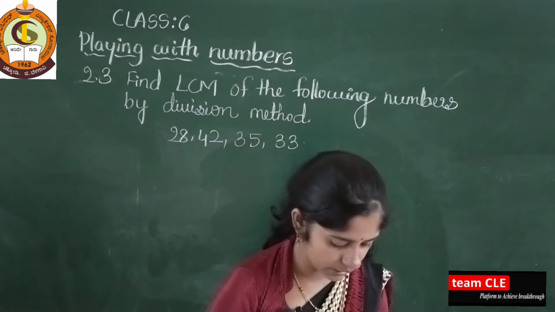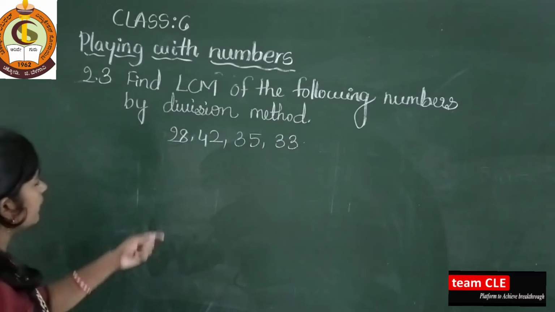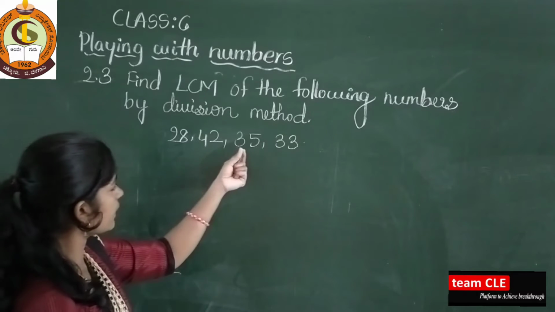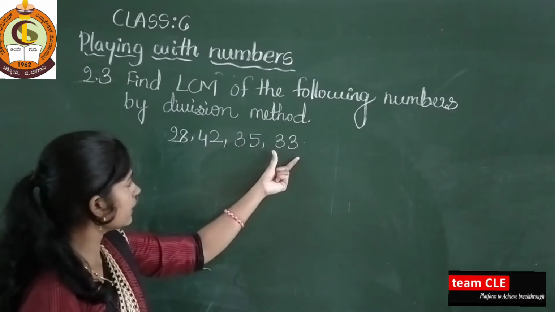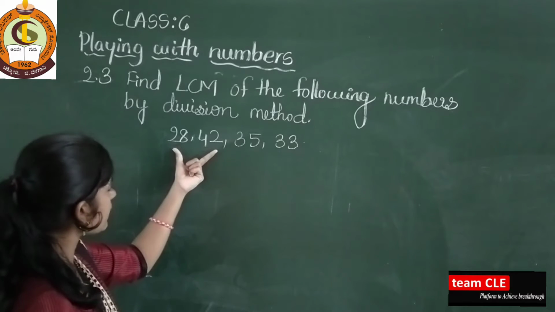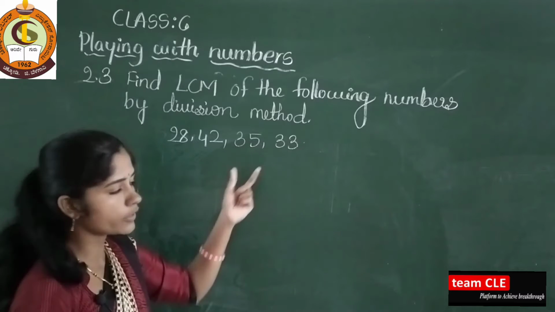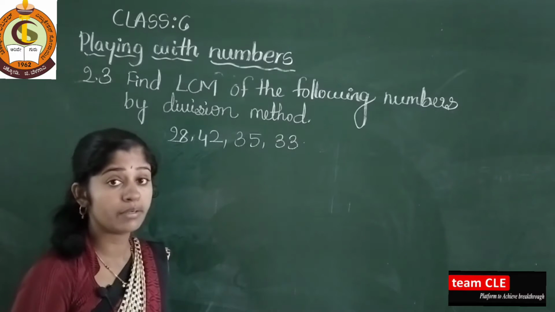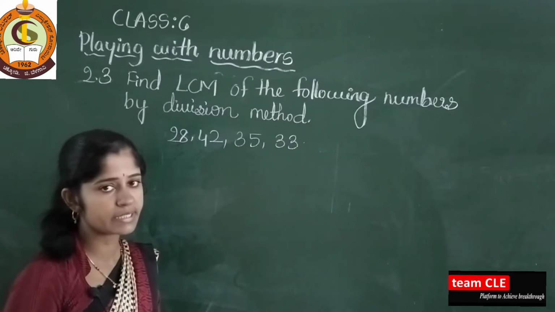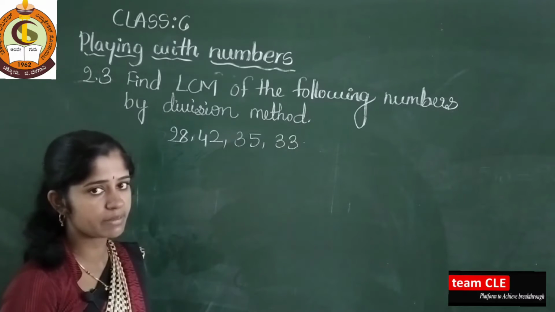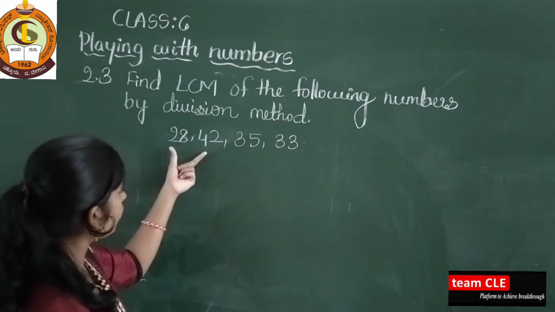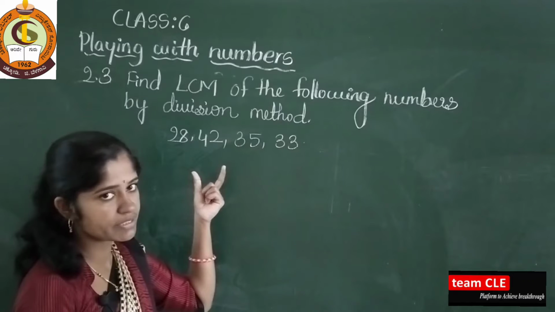So let us check these numbers are divisible by which numbers. Here 28 is there, 42 is there, 35 is there, 33 is there. But these two numbers are divisible by 2. You already know the divisibility rules: if the ones place has 0, 2, 4, 6, 8, that number is divisible by 2. So only two numbers are divisible by 2.